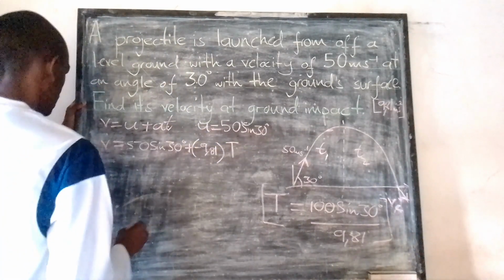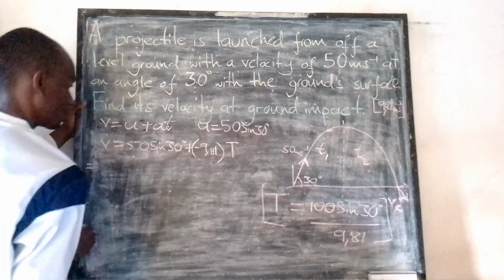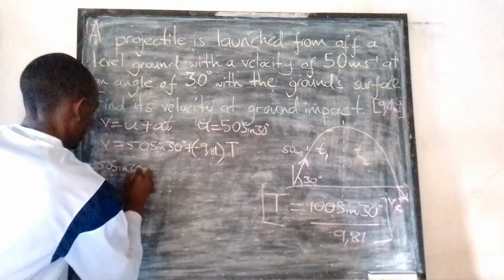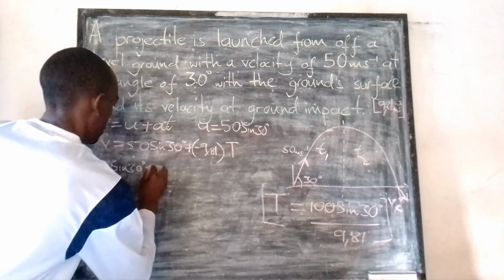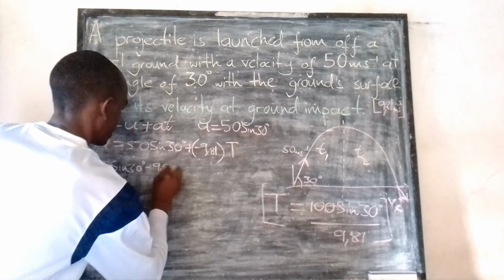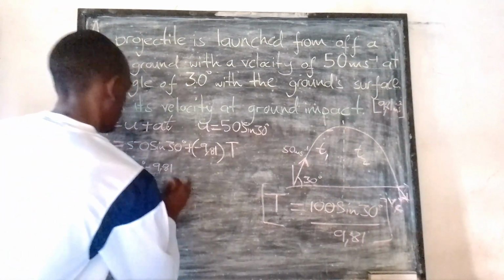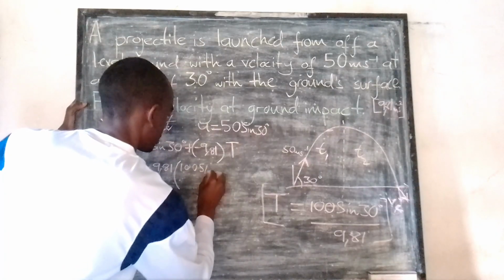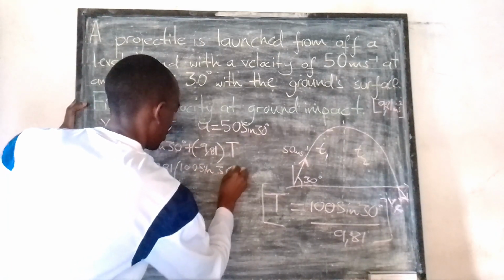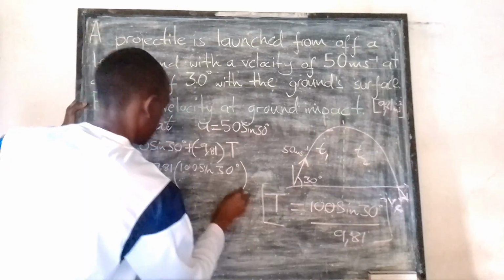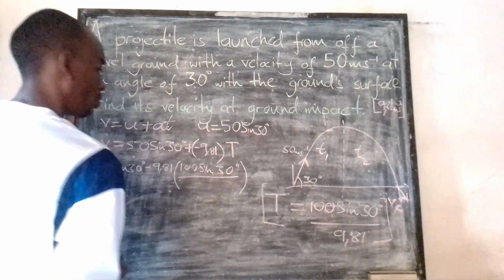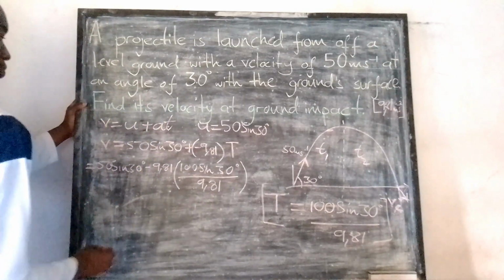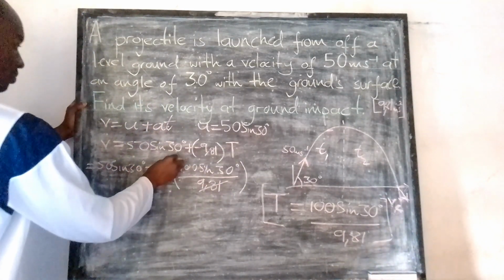So what we have in this case is 50 sine 30 degrees minus 9.81 times 100 sine 30 degrees all over 9.81. And what we do, we cancel this and this.